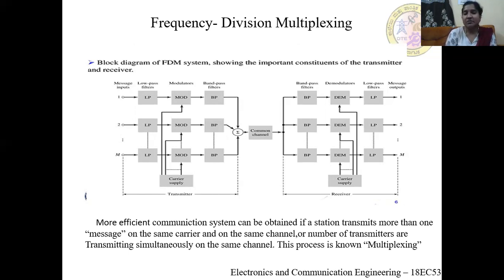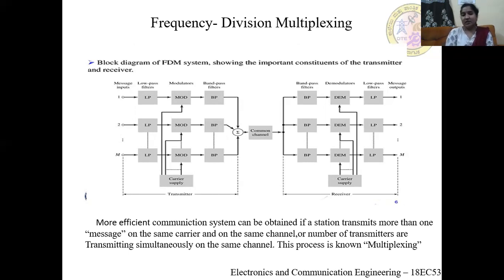In time division multiplexing, the signals are separated with respect to time. In frequency division multiplexing, the signals are separated with respect to frequencies.